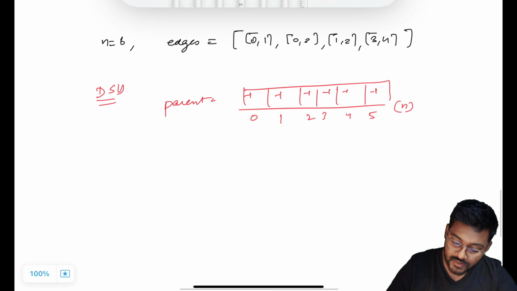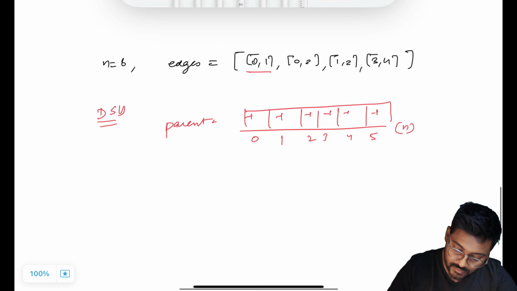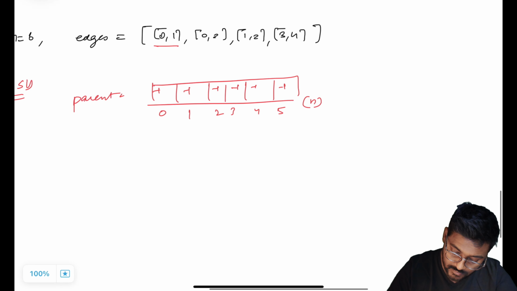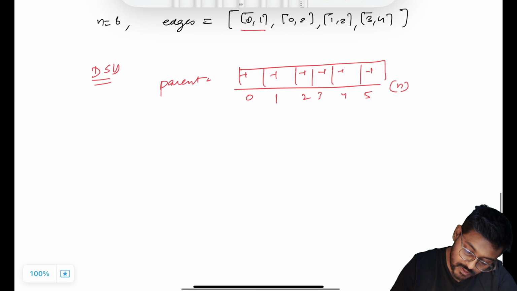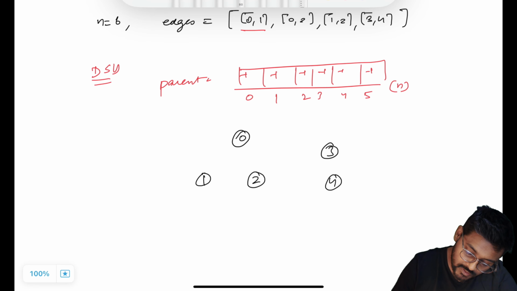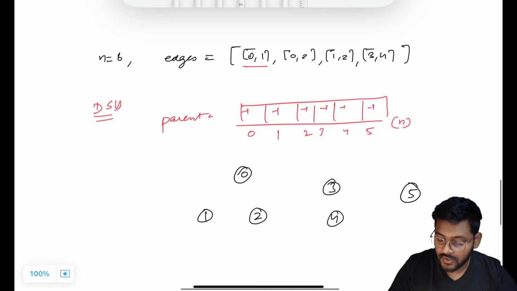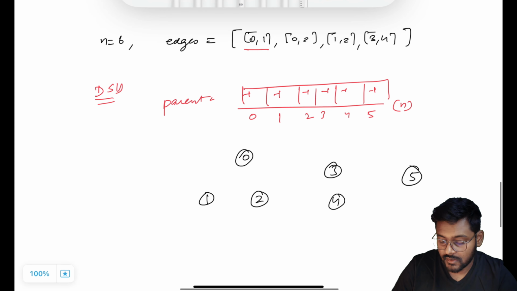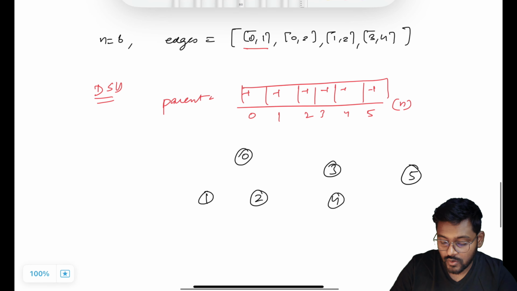Now if I connect 0 and 1, let me mark the items as well. Initially there is no edge. 0 1 2 3 4 5. Combine 0 and 1. I will figure out the parent of 0 and the parent of 1.